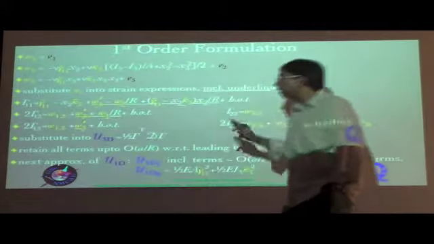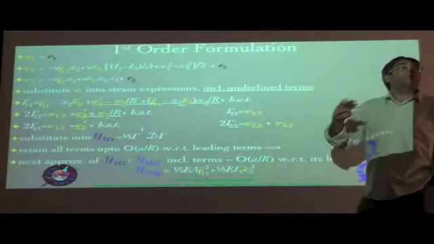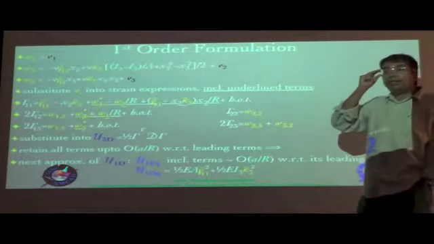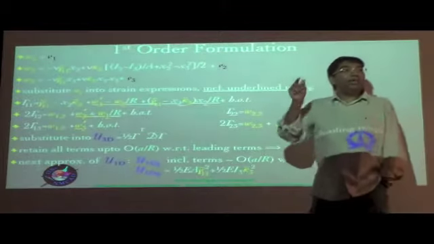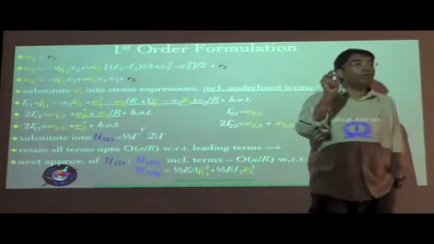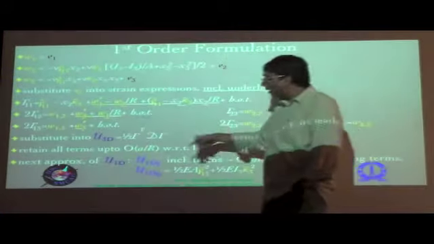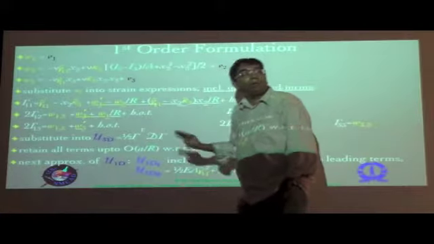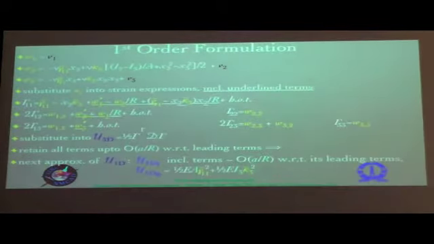And we now retain all terms which are one order of magnitude higher than what we already had. Remember, we had terms of the material order of magnitude E times epsilon hat squared, because epsilon hat was the order of magnitude of the strains. Now we go one level higher, and one level higher means A by R, or A by L equivalently, with respect to the leading terms.